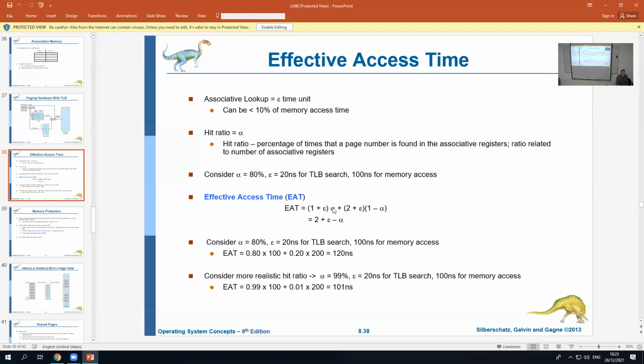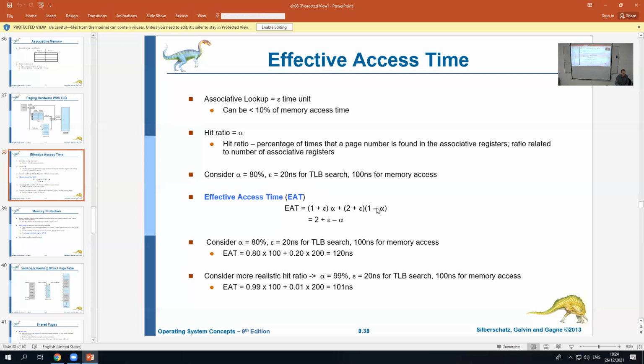Let's go slowly. 80% of the time, I have a hit. So what's a hit? A hit is reading from memory, and this is reading from the TLB. I need to read the TLB and then read the actual memory, so let's call it 1 plus the 20 nanoseconds. And then it's also 1 minus alpha.